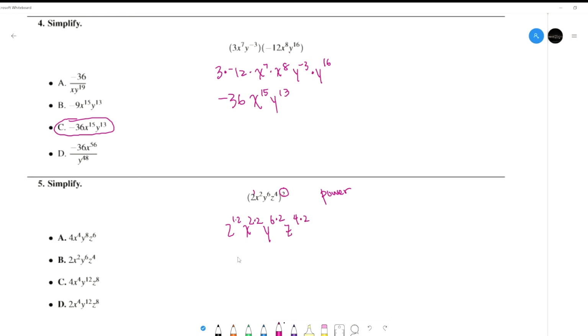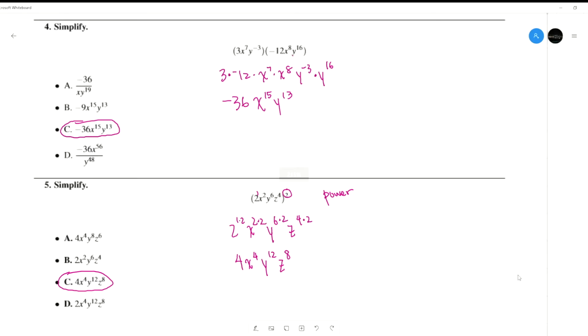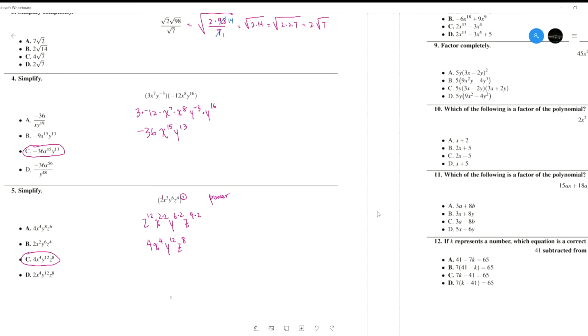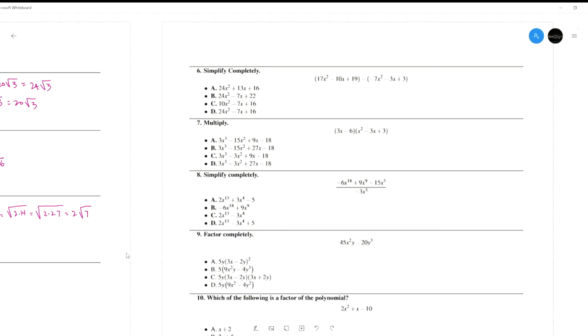So that gives me 2 squared is 4, x to the 4th, y to the 12th, z to the 8th. And that is answer choice C. Any questions there? All right. If anything is unclear, just type it out in chat.